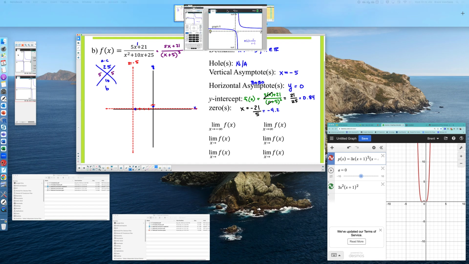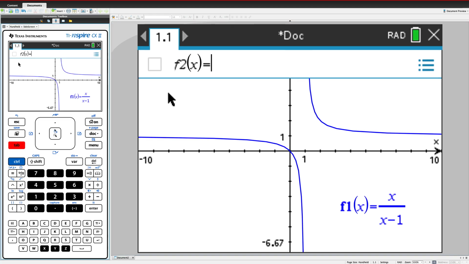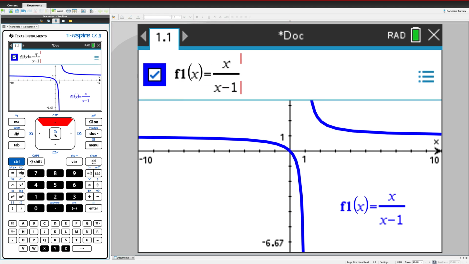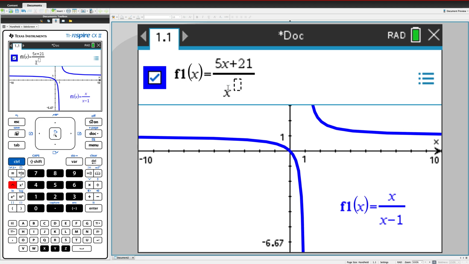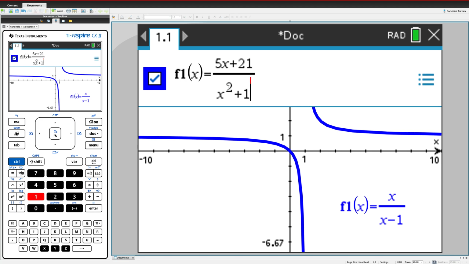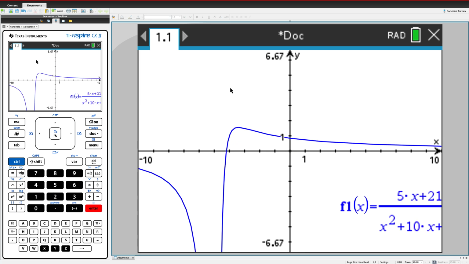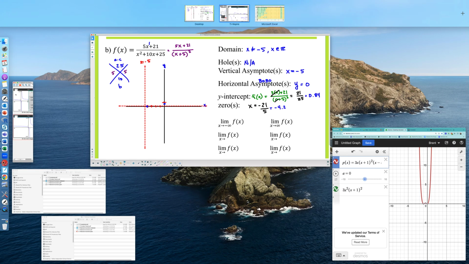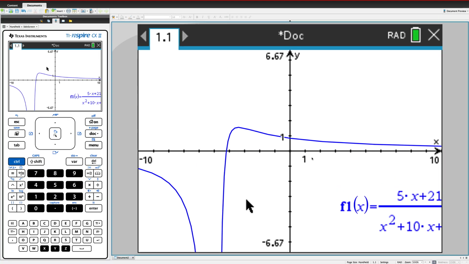Let's go graph this one. You press tab up. Our equation was 5x plus 21 over, I'm going to make sure I didn't make any mistakes. Originally it was x squared plus 10x plus 25. Does it do what I said it would? Yep, does that. What did you do with F? I did the original.